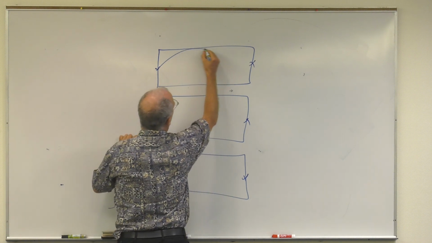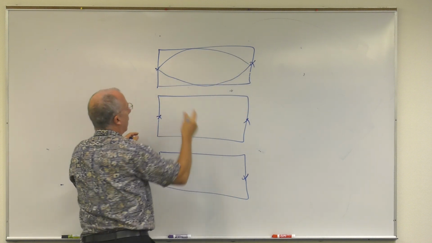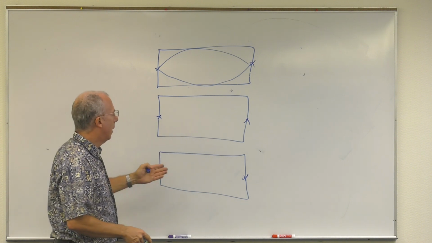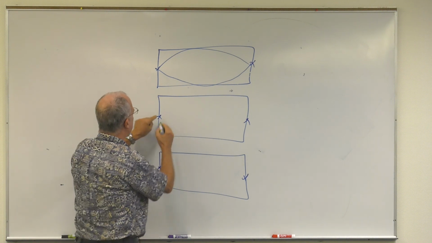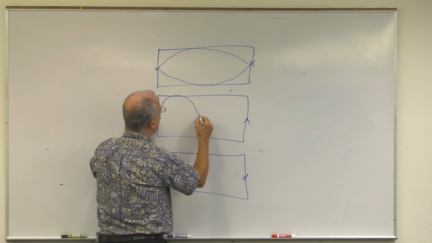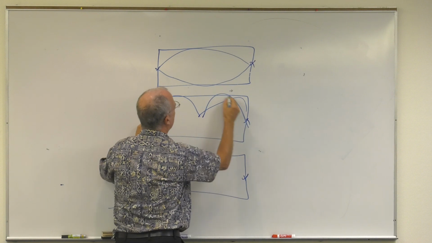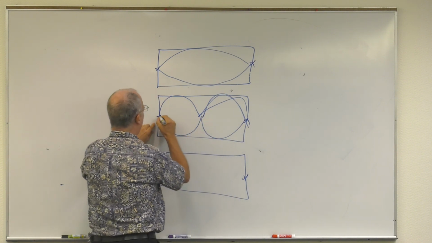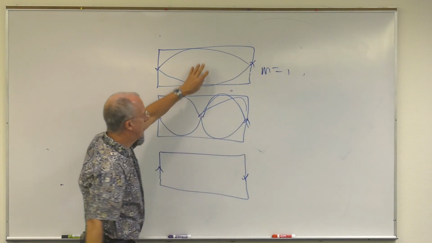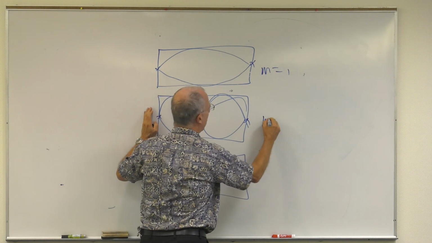Well, it's going to be like this, right? Now, what's the next one? Again, this has to be a node. This has to be a node. So the only way you can do it is like this. Pretty pathetic drawing, I guess. So this is m equals 1 hump, or whatever. This is m equals 2.